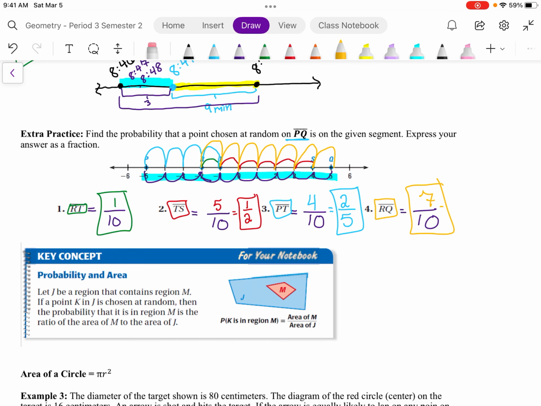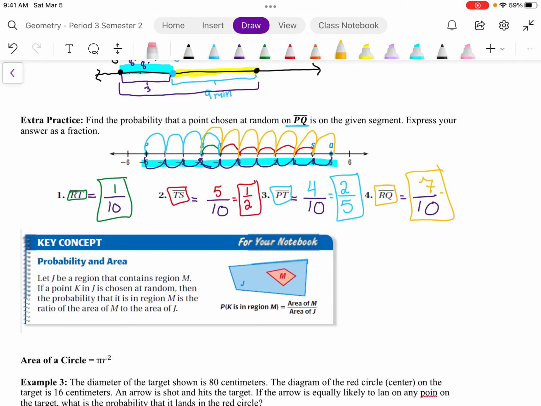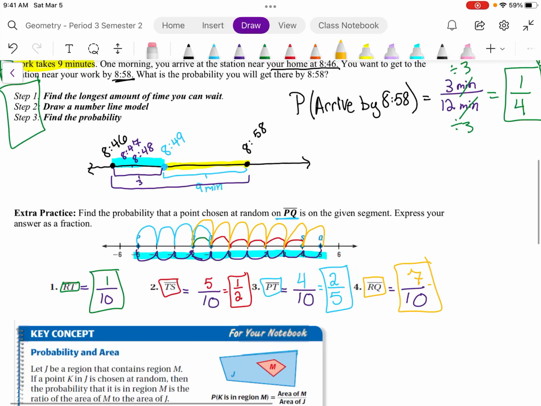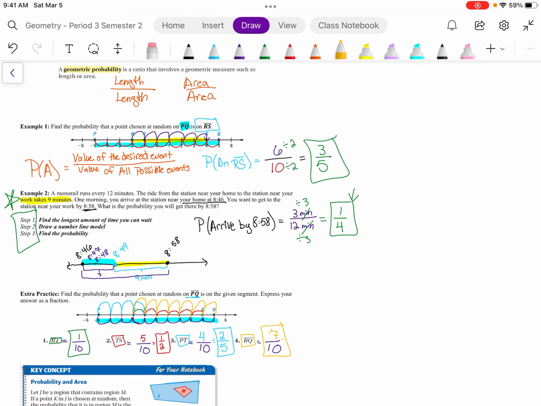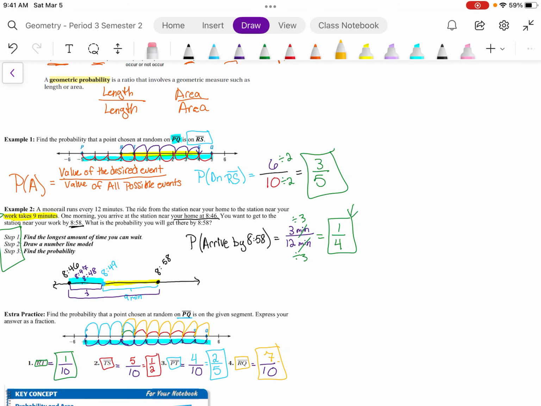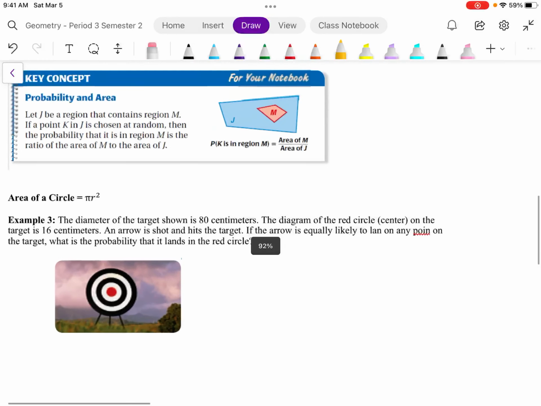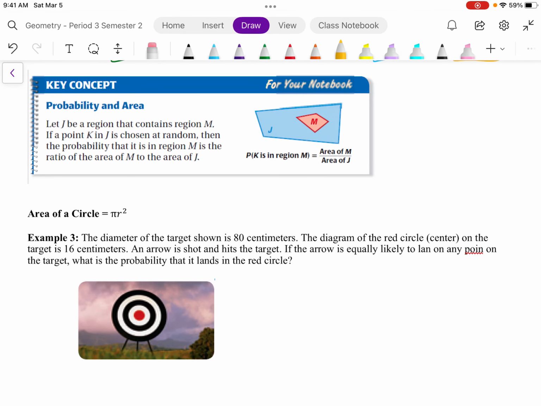So if you didn't get any of those correct, make sure you get those fixed before moving on to the next section. All right. And our last example, so far we have been doing probability of lengths over lengths, and that was our geometric probability for length. Now we're going to do a geometric probability for area. And when you're finding the probability of area, you are going to want, again, on top, the region you want the point to be selected from, or the area you want that to be from, and then the total area on the bottom.